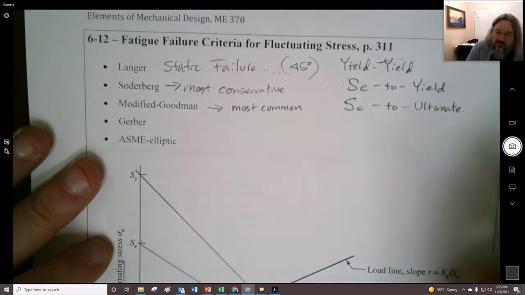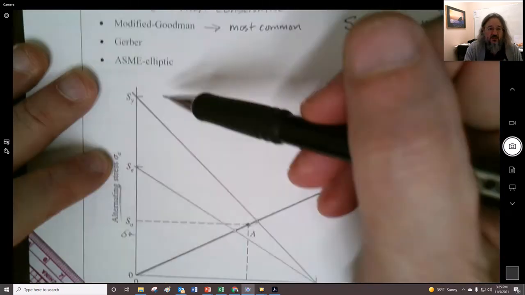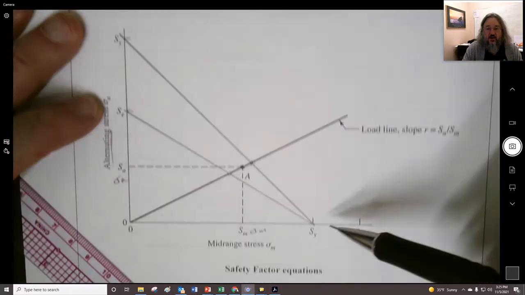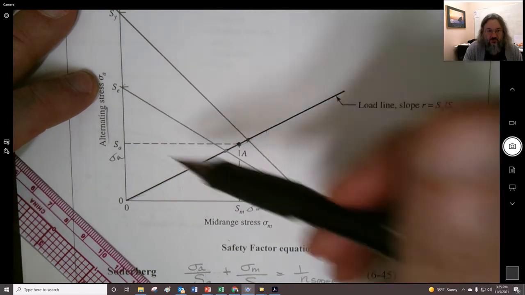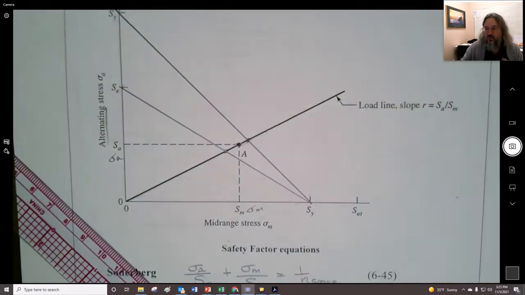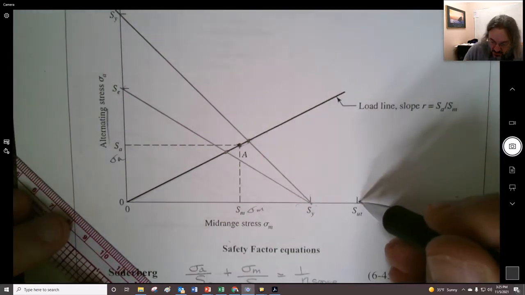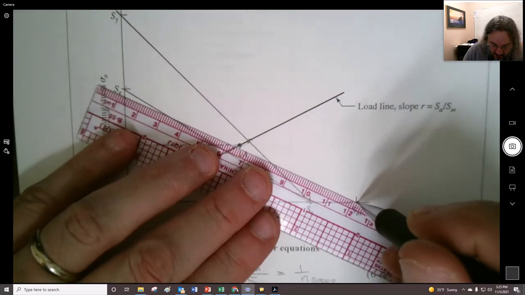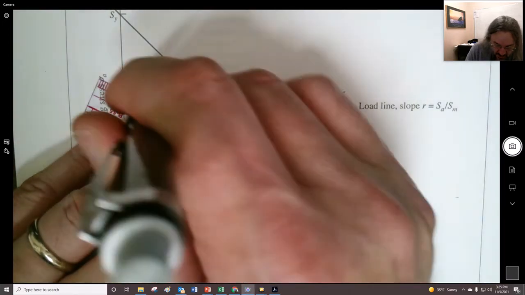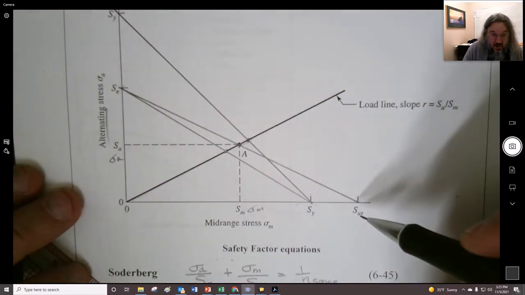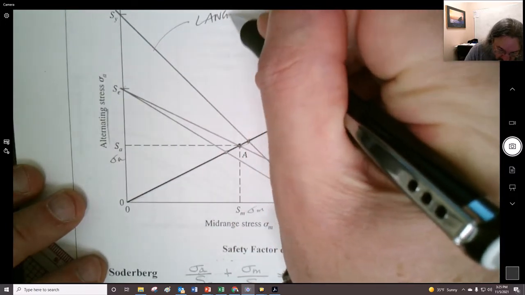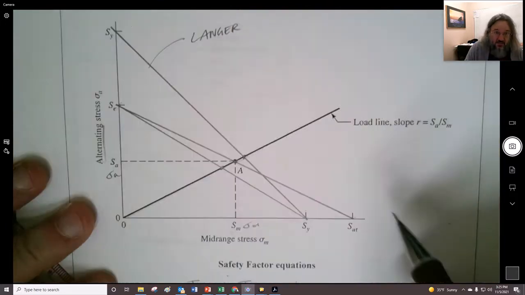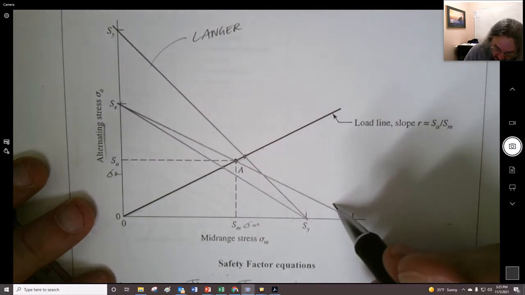And it kind of makes more sense than the Soderberg, because failure on the mid-range is due to it being bent and not going back to its shape. Failure over here on the alternating means it breaks apart. So it makes a little bit more sense to have these two things tied to each other, right? And we should label this right here. Here's the Langer to keep track of it. And sometimes I'll make it a different line type right here. But here's the Goodman.